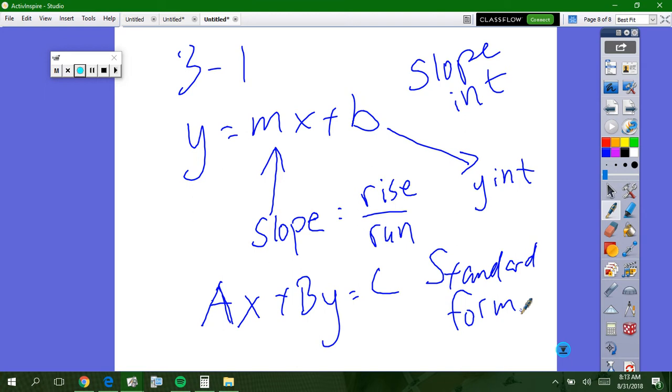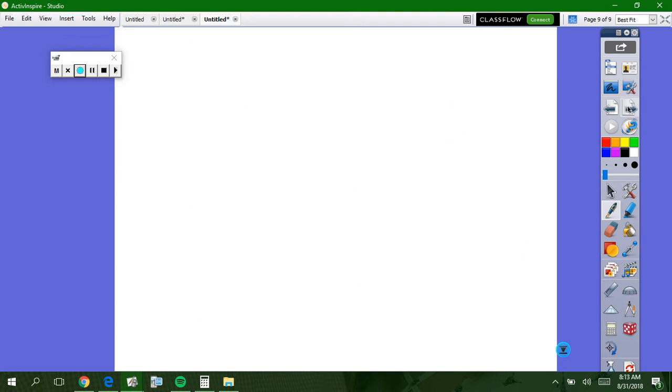If I see it in slope-intercept, that's the traditional way you guys have all done it. Standard form, if we're in here, we start at the y-intercept, we use our slope, pretty simple. If we're here, I'm going to have you guys find them via your intercepts. That's the way we're going to go. And then we have a couple others just as well. All right, here we go.